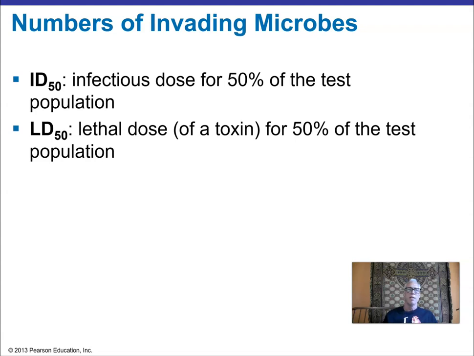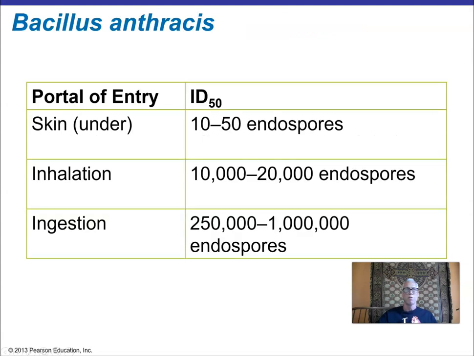It just gives us a handle on approximately how much of a dose would be required to cause disease, though you can't directly translate that for any given individual. The LD50 is the lethal dose in 50% of the population. Oftentimes when we're talking about LD50s, we're talking about experimental animals, but sometimes it could be listed for people too. Certain toxins are very, very lethal, and we'll have an LD50 listing for those.